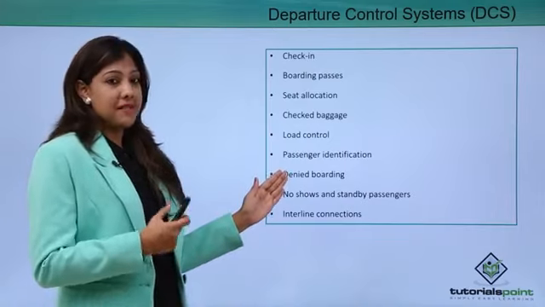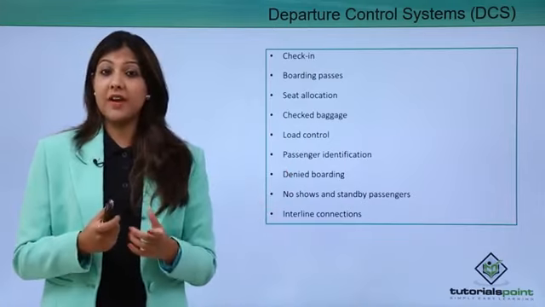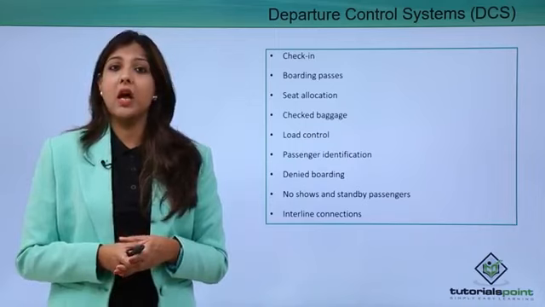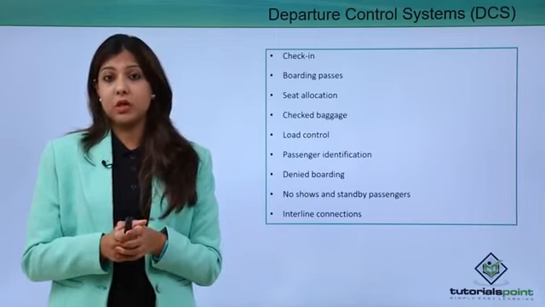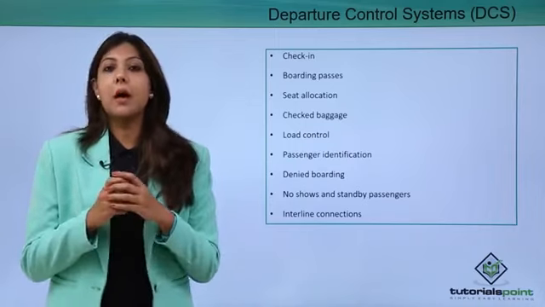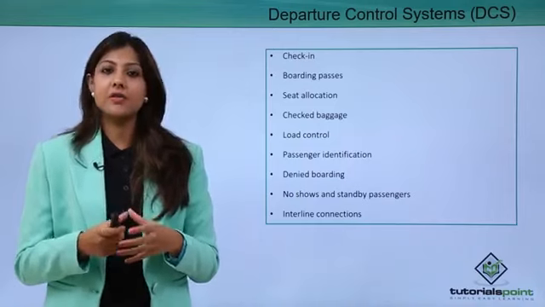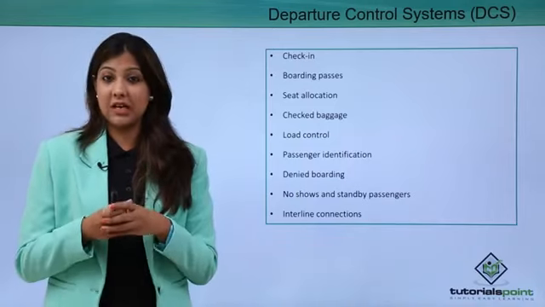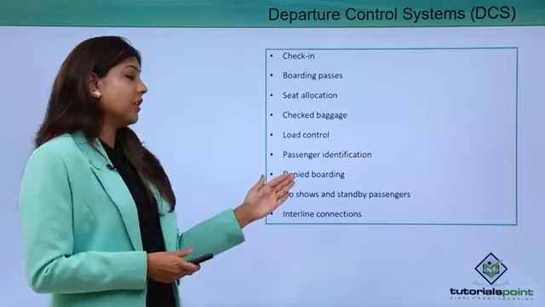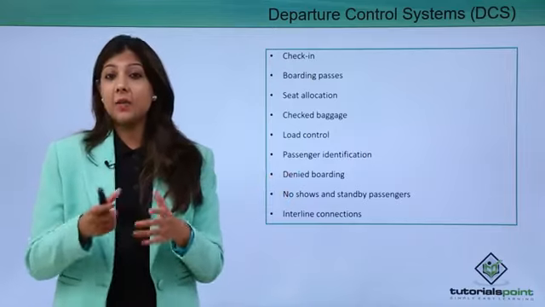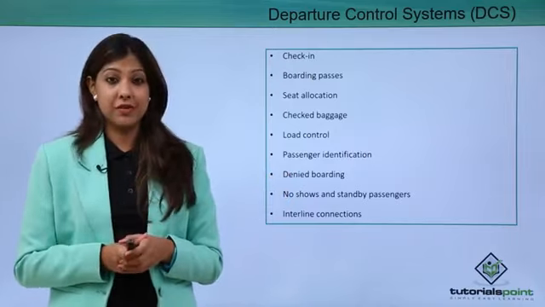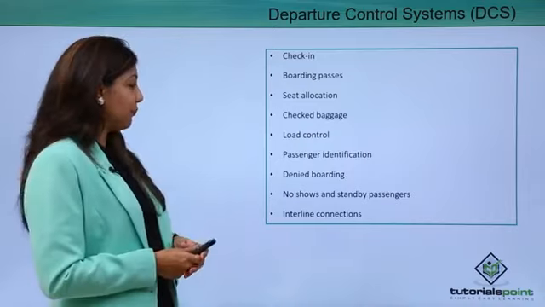There can be passengers who are denied boarding. There are various factors for being denied boarding. If a crew member or the airport staff feels that the passenger is highly under the influence of alcohol or is taking drugs, etc., they can definitely deny boarding, because other passengers' lives can be at risk because of such a passenger.